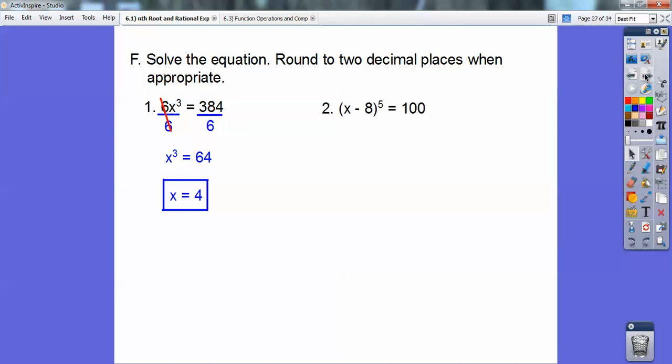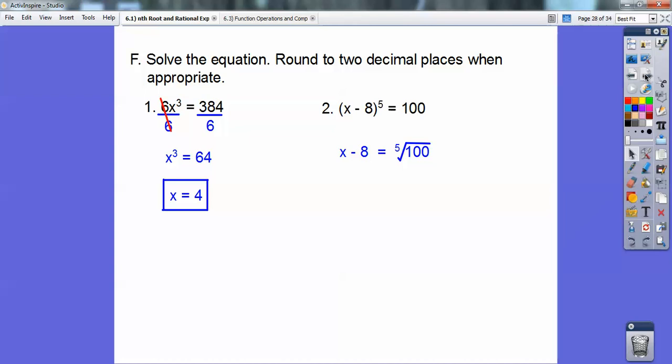Okay, let's try another one here. So (x minus 8) to the 5th equals 100. Okay, now here I'm going to have to use a decimal because I got to take the 5th root of both sides, and I get x minus 8 equals the 5th root of 100. So look for your calculator, you guys, for a button that's y to the x. What I have is a little caret button.